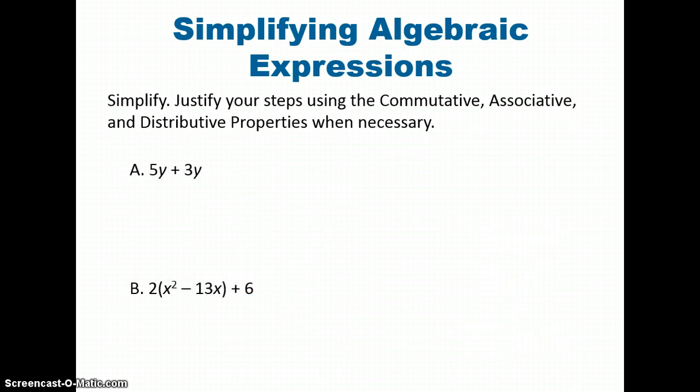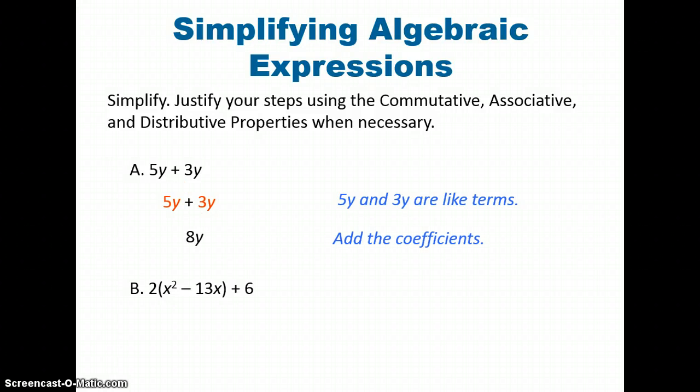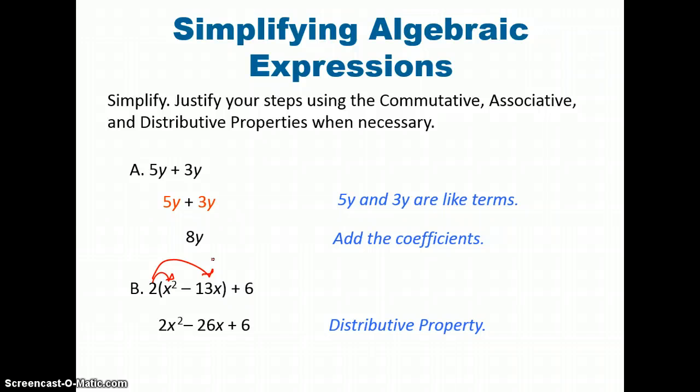Let's look at letter A. They're like terms, so I simply add the coefficients. In B, I'm going to have to use the distributive property and multiply 2 times everything inside. I'll notice that there aren't like terms after I do that, so I am done here because all 3 terms are different variables.